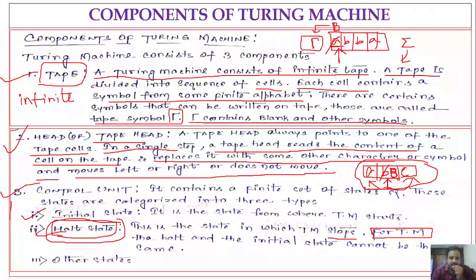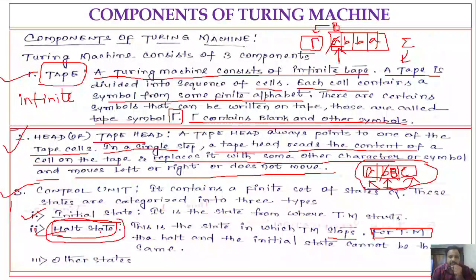In finite automata, we have something like a dead state, which we use to represent that a particular set of strings will not be accepted by the finite automata. Same thing here: if the given input string does not belong to the language for which the Turing machine was designed, the Turing machine enters the halt state.